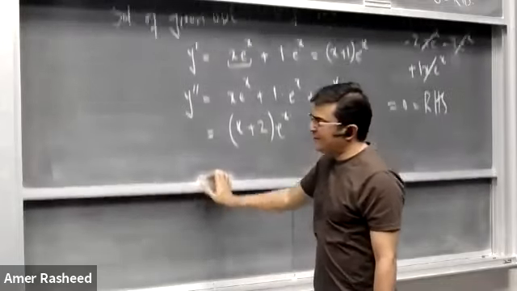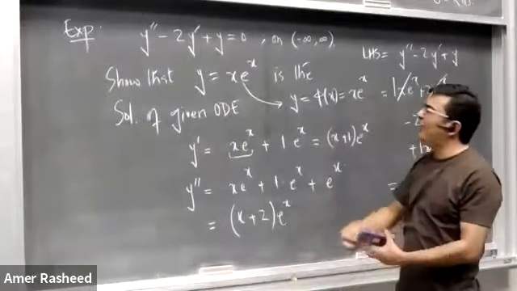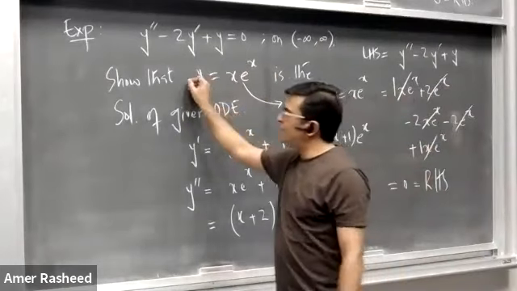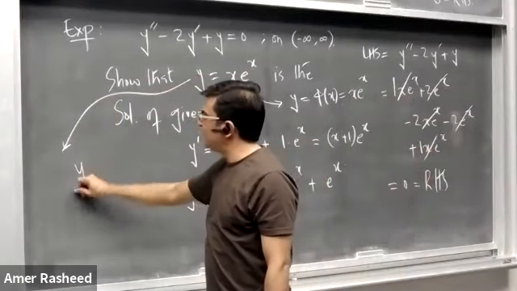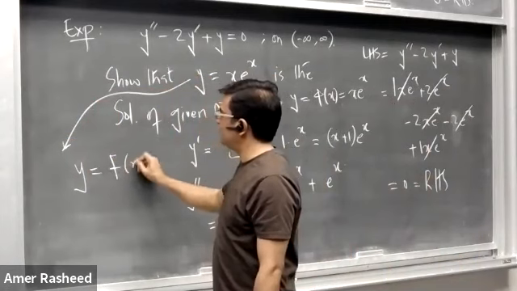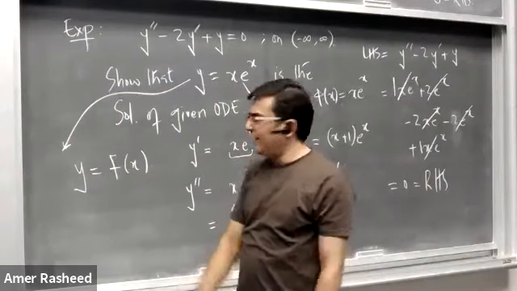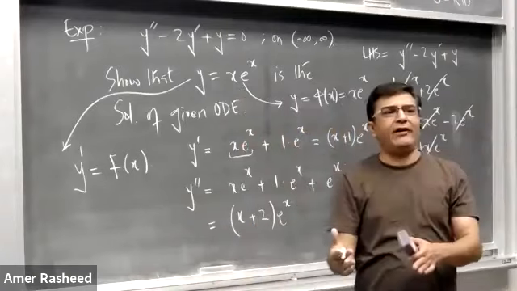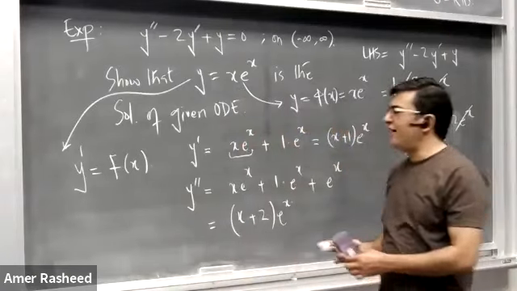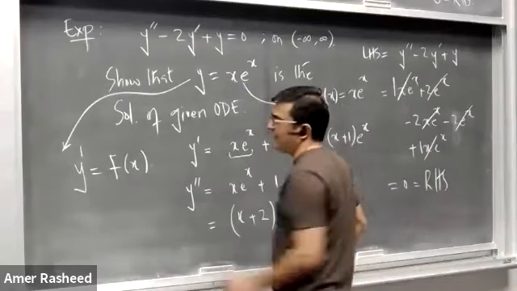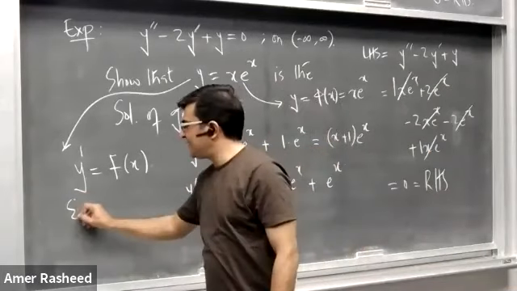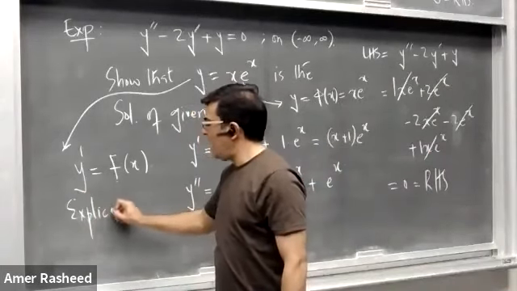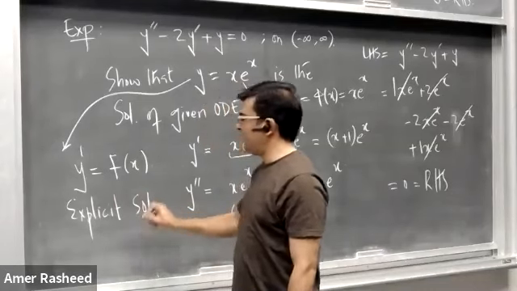An explicit function is a function which can be written in the form y is equal to f of x. Here the degree of y is 1, y in terms of f of x. If you can write any solution in this form, then it is called an explicit solution of that differential equation.